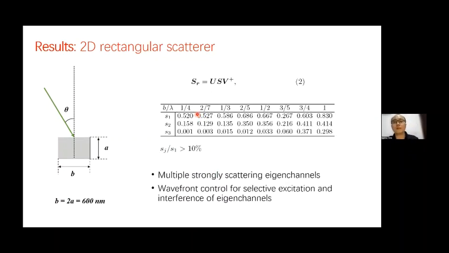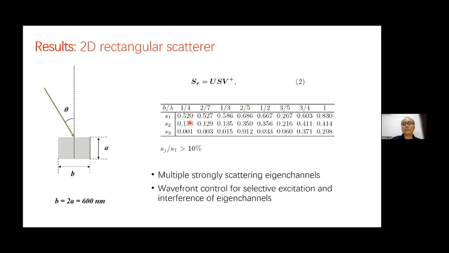With this scattering matrix S, we do singular value decomposition and get the information of scattering eigenchannels. Then in this table, we list the eigenvalues of these eigenchannels in descending order for each frequency.